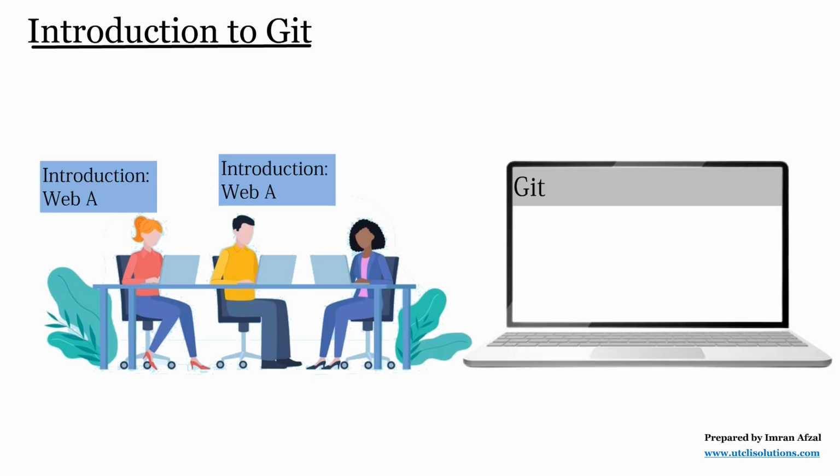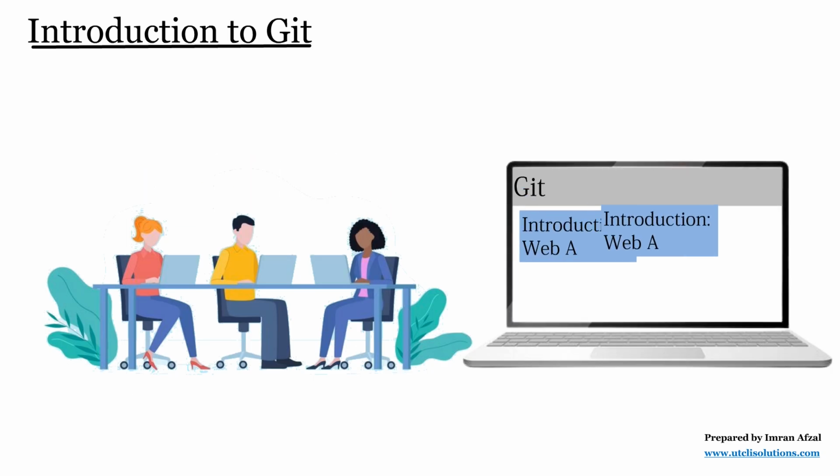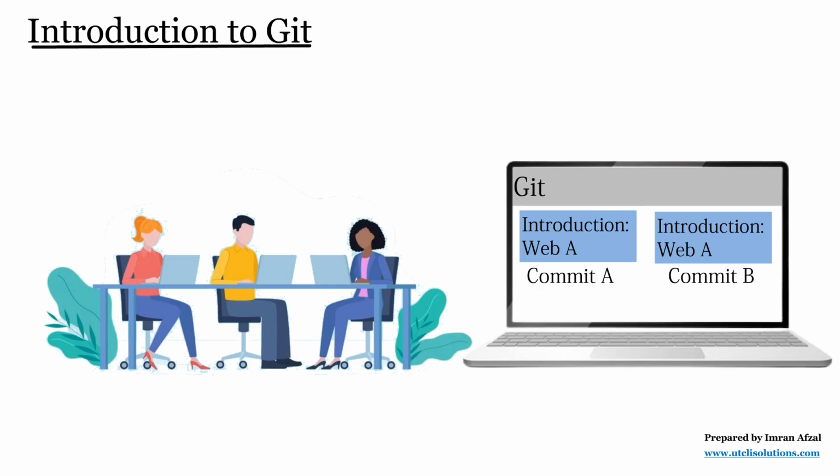But if two friends change the exact same line at the same time, Git stops for a moment and says there is a conflict. Instead of mixing them randomly, it clearly marks the part that both tried to change and shows both versions.